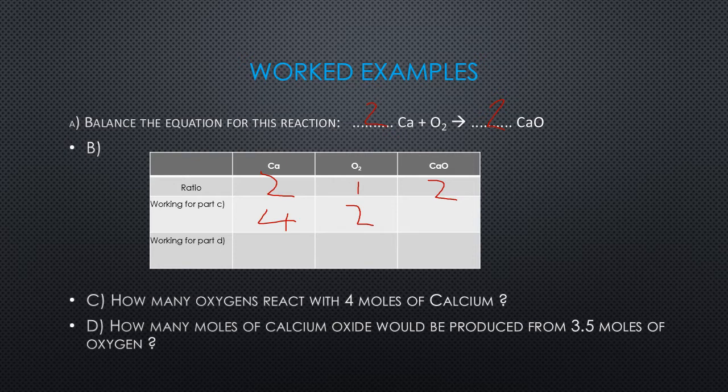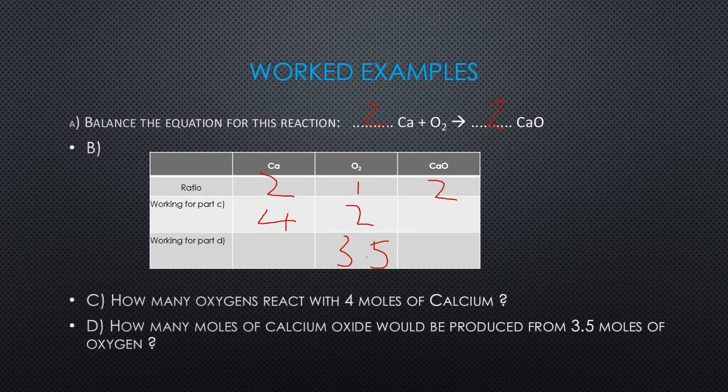Now let's look at question D. How many moles of calcium oxide would be produced from 3.5 moles of oxygen? Okay, let's say we've got 3.5 moles of oxygen. How can we get 3.5 moles to react with calcium to get calcium oxide?